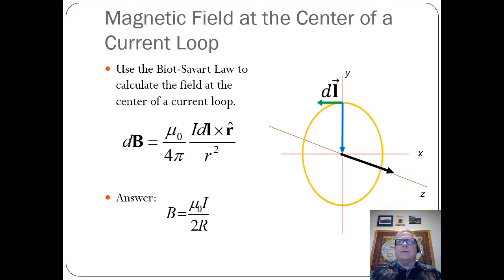We could do a similar problem to how we did the line of charge, a short line of charge. We could do a short line of current, and then we could even expand it like we did. We expanded the line of charge to an infinite line of charge. We could do the same thing for the line of current.